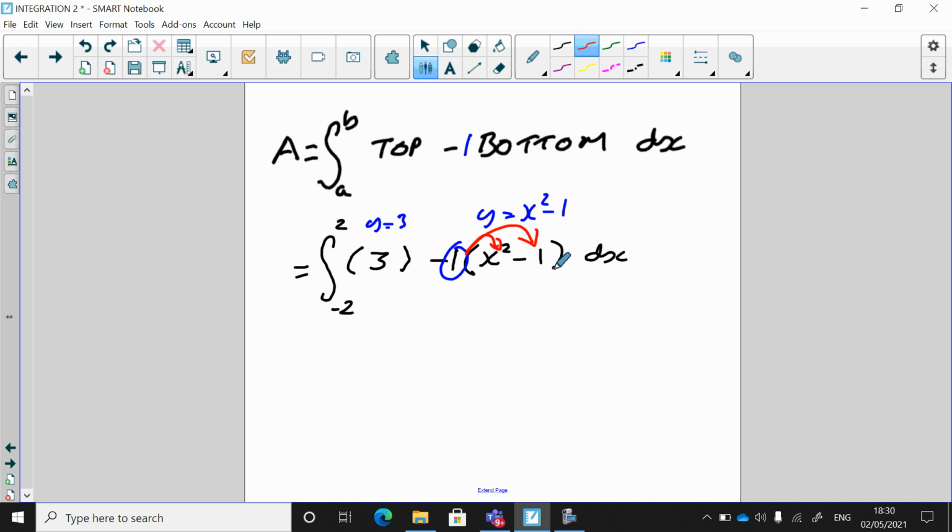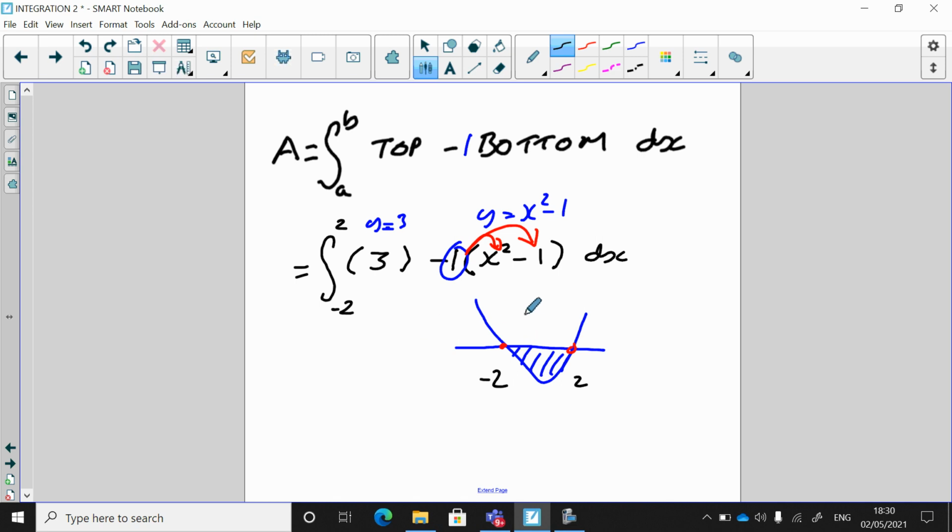So y equals 3, that's just a horizontal line, and x squared take away 1 is that part there. So that's the region we're interested in, bounded from negative 2 to 2.